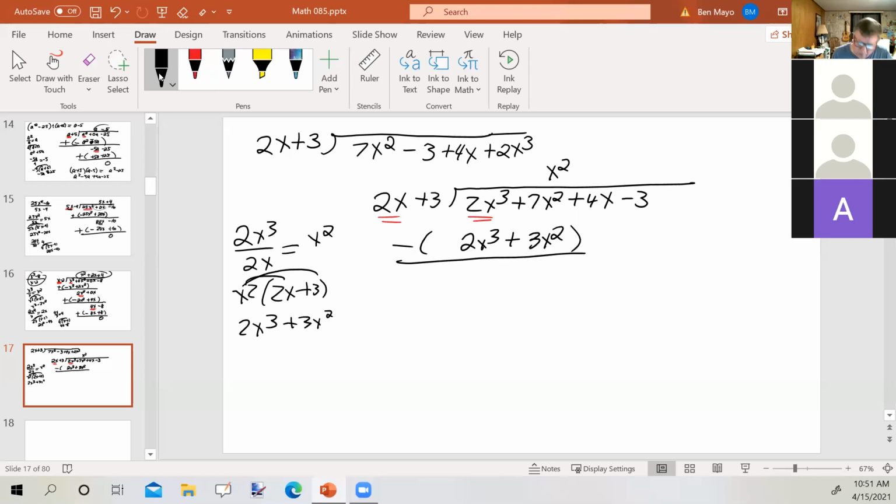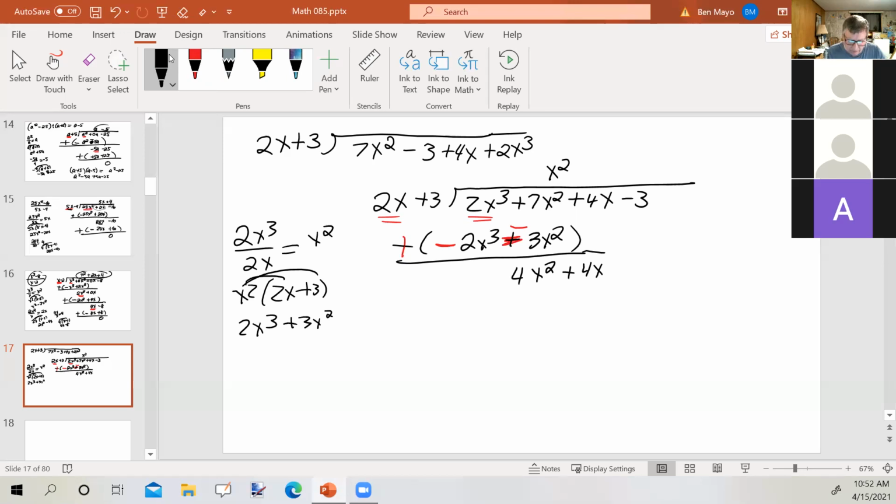Subtract that quantity from what's up above. Change it to addition of the opposite. 2x cubed plus negative 2x cubed is no x cubed. 7x squared plus negative 3x squared would be positive 4x squared, and then bring down the next term. You following this okay?